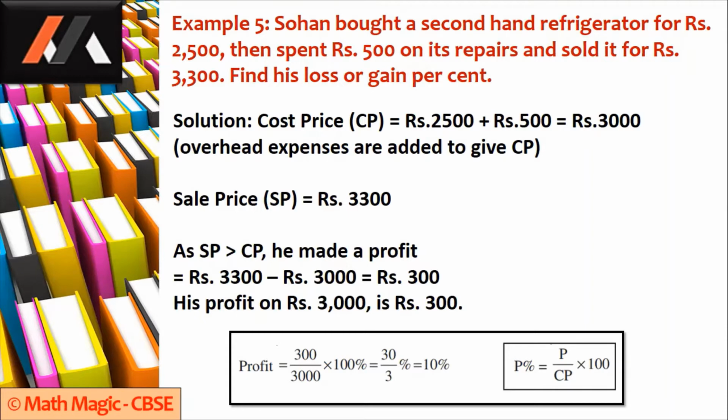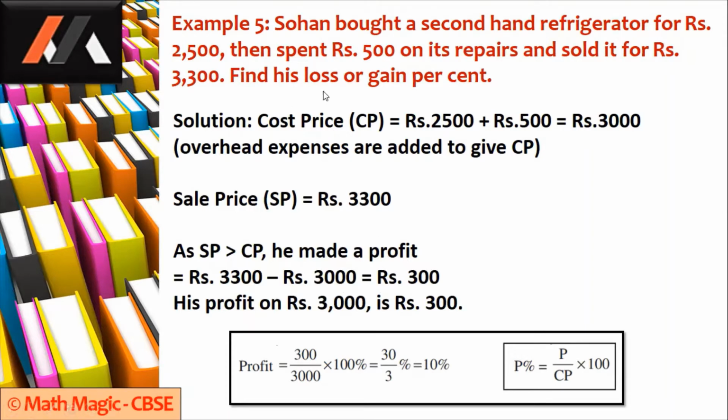Since the sale price is more than the cost price, Sohan has made a profit. Profit is nothing but sale price minus cost price, that is 3,300 minus 3,000, which is equal to 300.